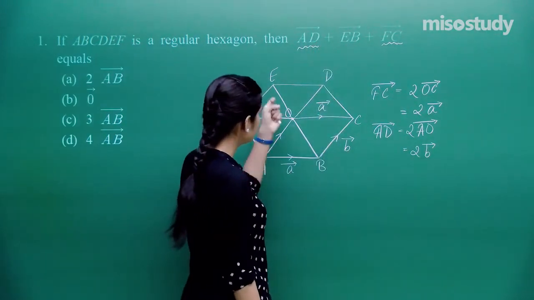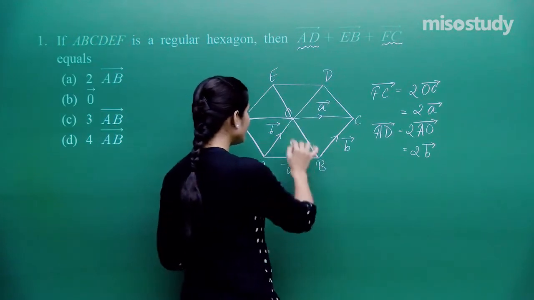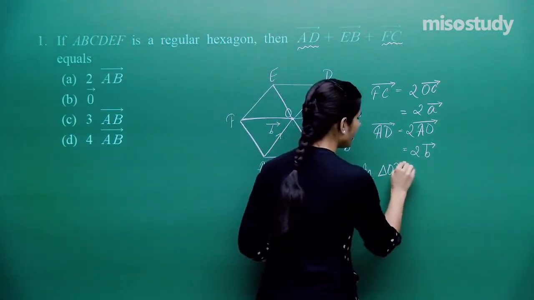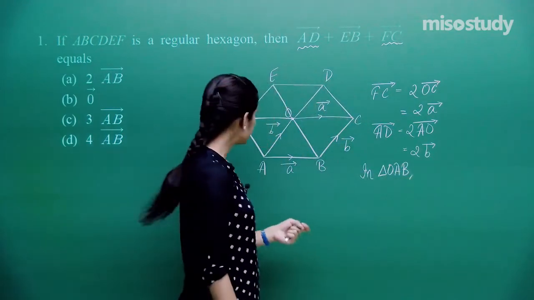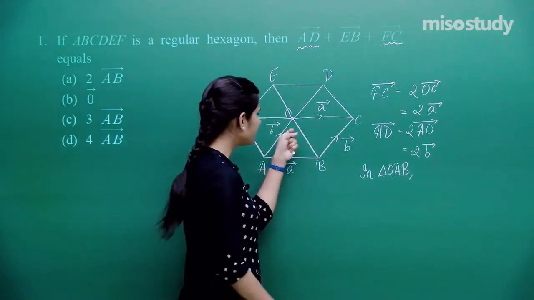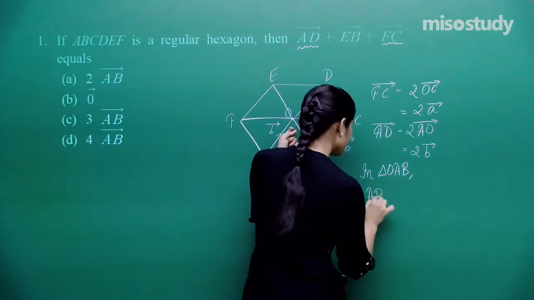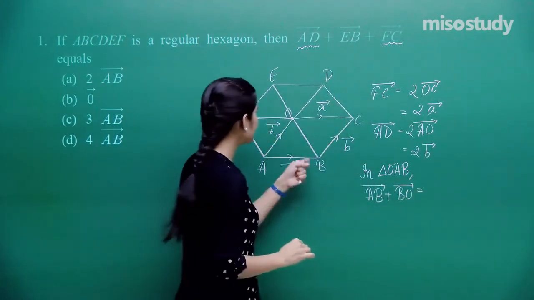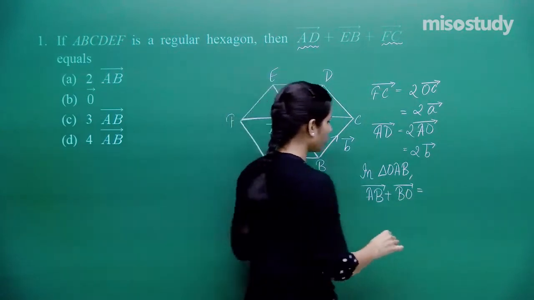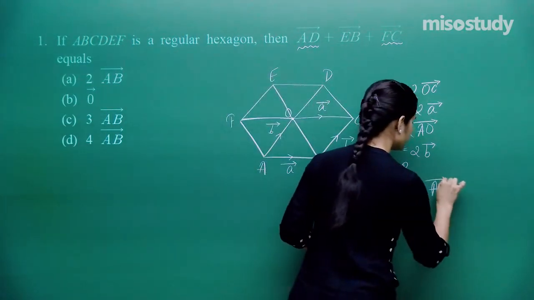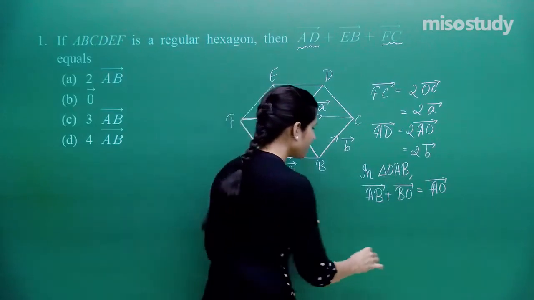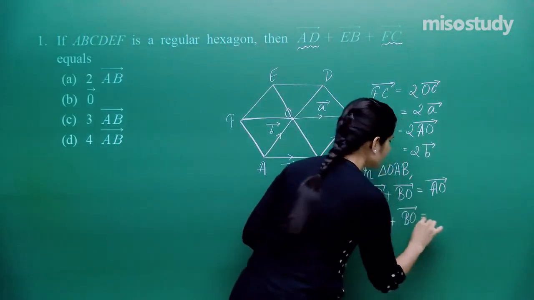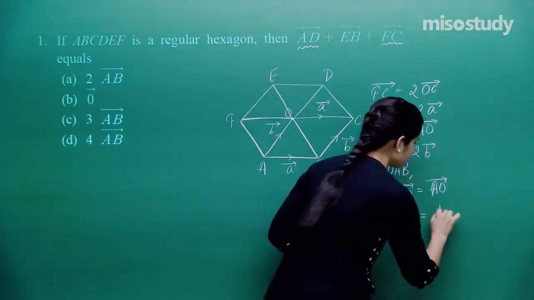EB vector. Let's look at this triangle OAB. In triangle OAB, you know this, that AB plus BO is equal to AO. Right? AB vector is a vector, BO vector I don't know, and AO vector is b vector.